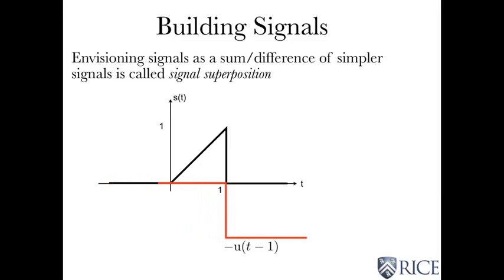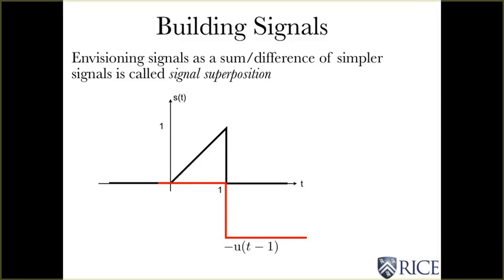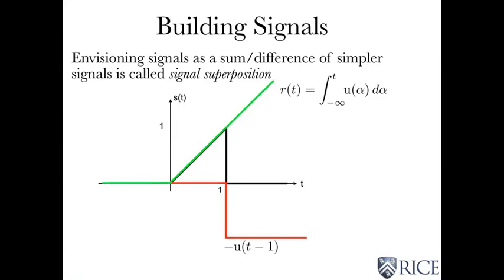All right, that's good. But now we want to talk about this earlier part of the waveform. It looks like it goes up linearly with a slope of 1. How do we describe that? Well, we can describe that by what's called the ramp function.